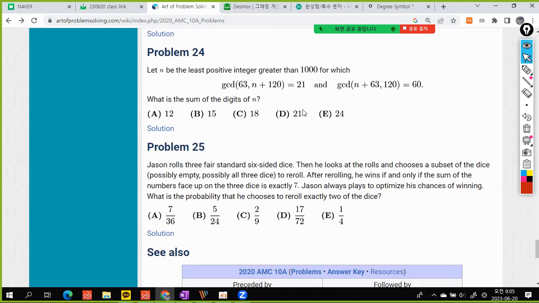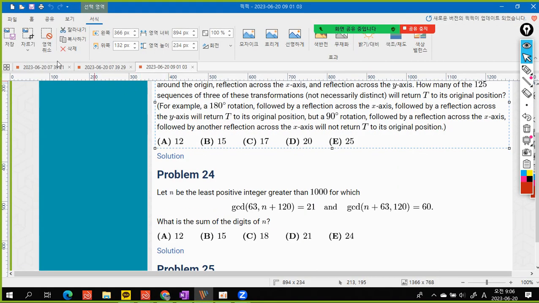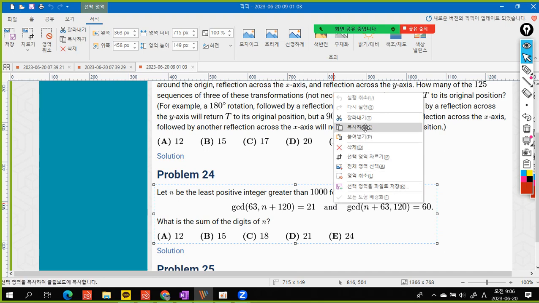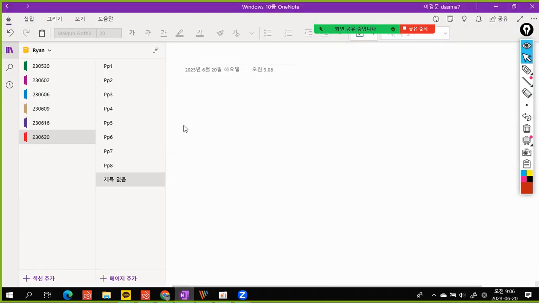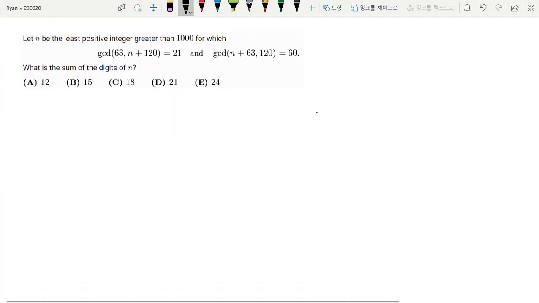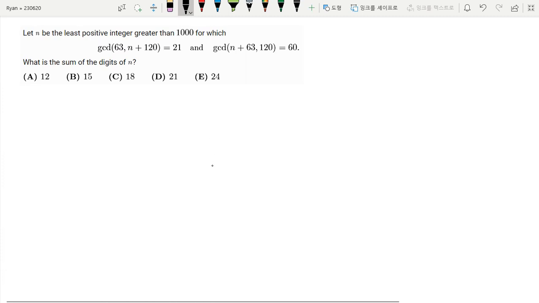And in number 24, in this case, it's good to use this property.